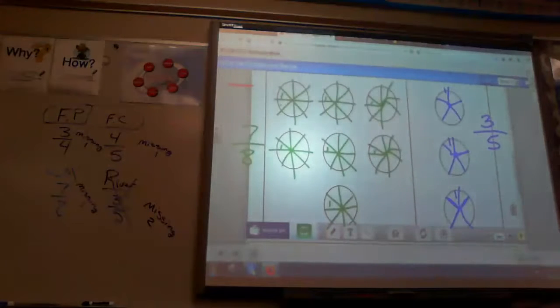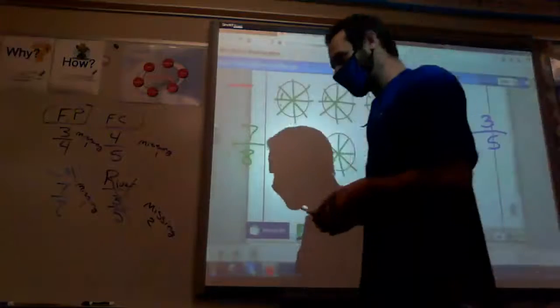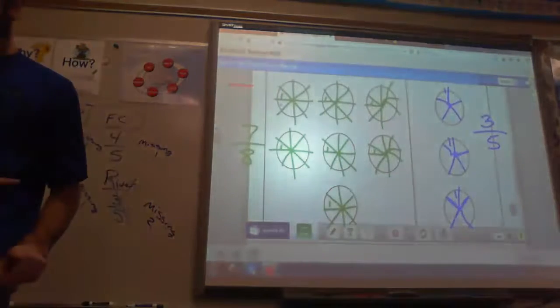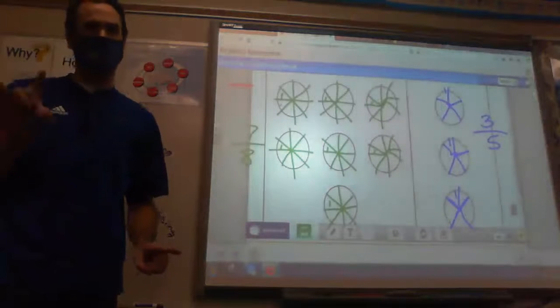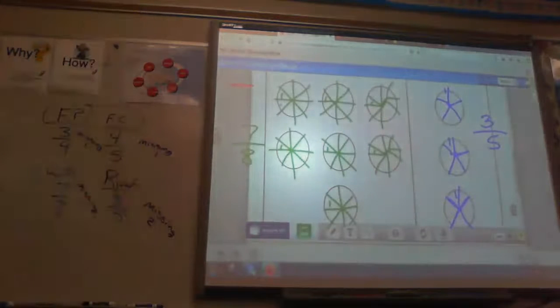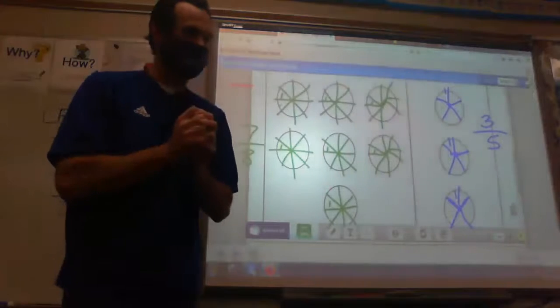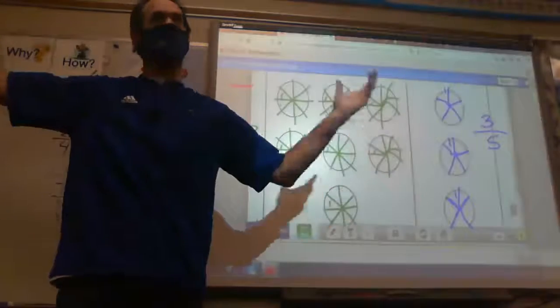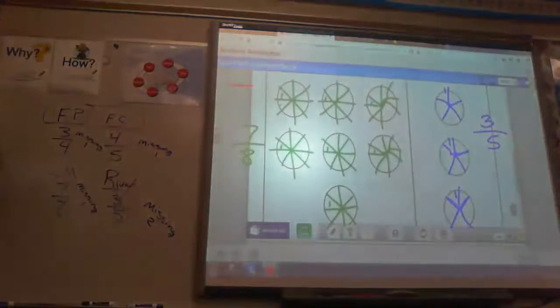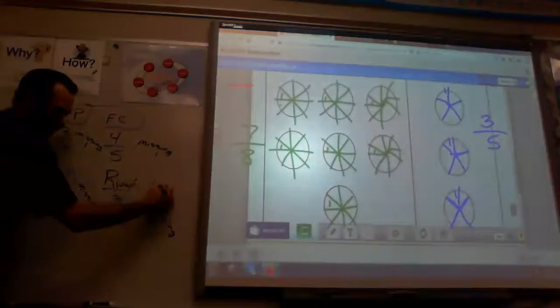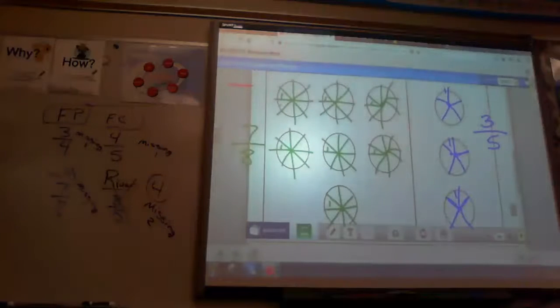We talked yesterday and we said the bigger the denominator, the smaller the pieces. Or the smaller the denominator, I got tongue tied there, the bigger the pieces. So which one is going to be missing? This one was the smallest. So this is like the 4th most pizza you could get, right?